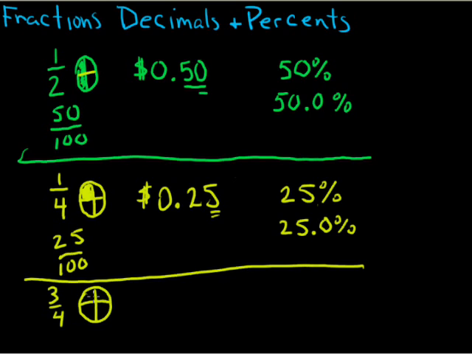If you have 3/4, you have 1/4, 2/4, 3/4. 3/4 is, of course, 75 cents. And that makes 75%. 75 hundredths, 75 hundredths.